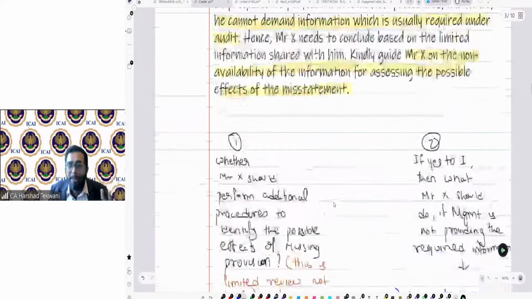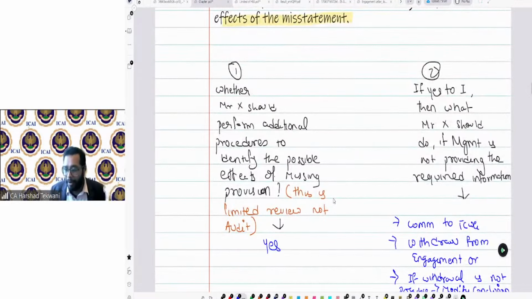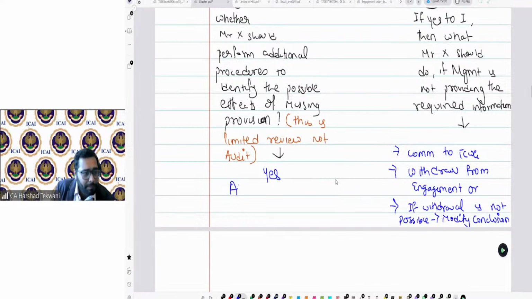Modification will totally depend upon the materiality and pervasiveness of the possible effect of being unable to obtain the evidence. So yes, additional procedures are required.